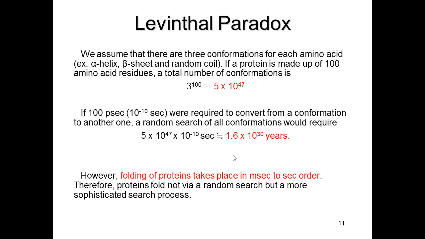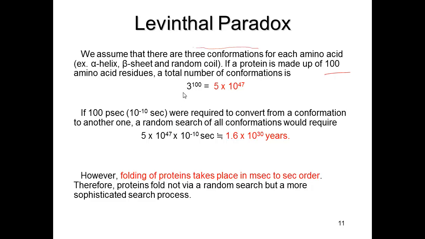Well, it turns out it is a very challenging problem in principle. And Cyrus Levinthal pointed out, in fact, numerically, just how challenging it is. Imagine a protein made up of 100 amino acid residues. And just to start things off simply, let's assume that there are 3 conformations for each amino acid.